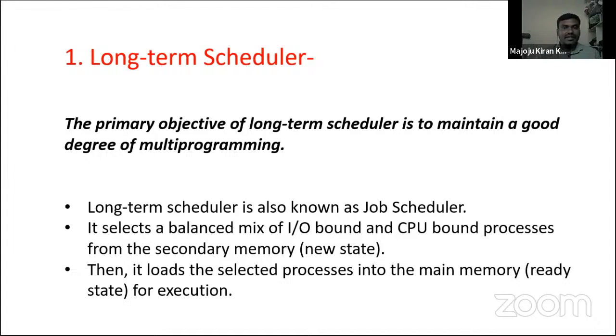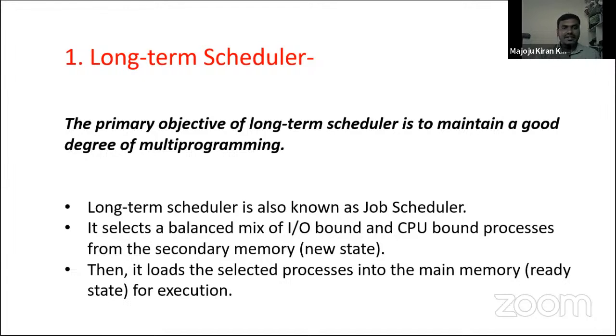That means multiple programs have to be loaded into main memory and wait in the ready state. So the major objective of the long-term scheduler is to maintain a good degree of multi-programming.